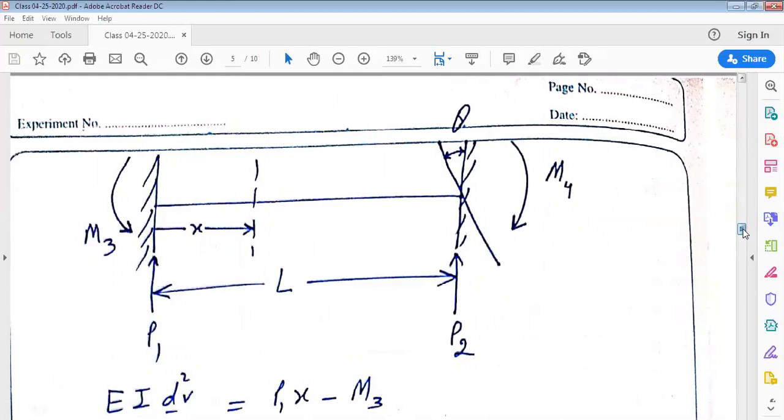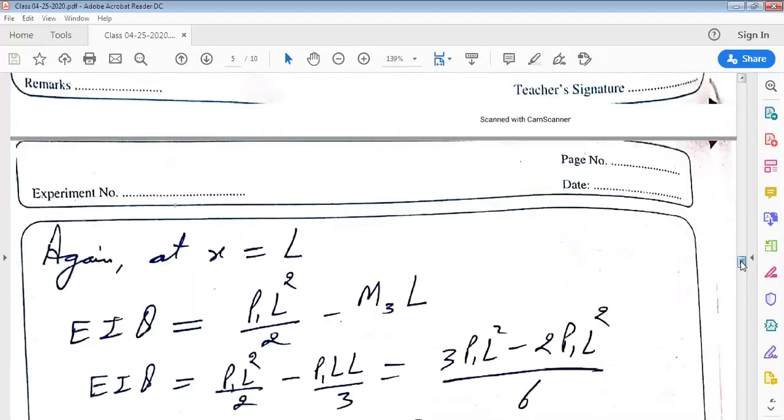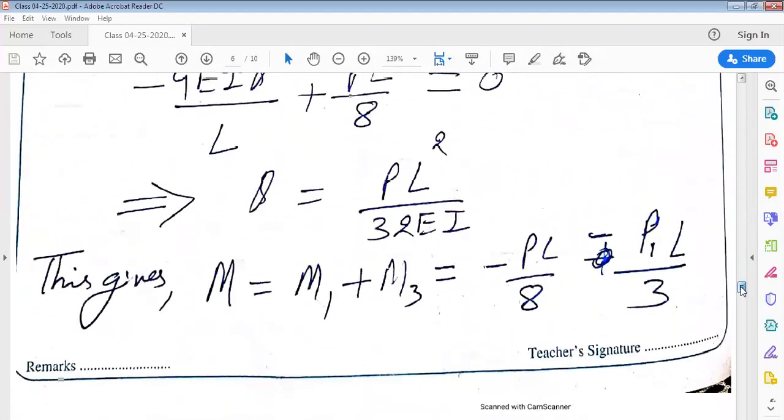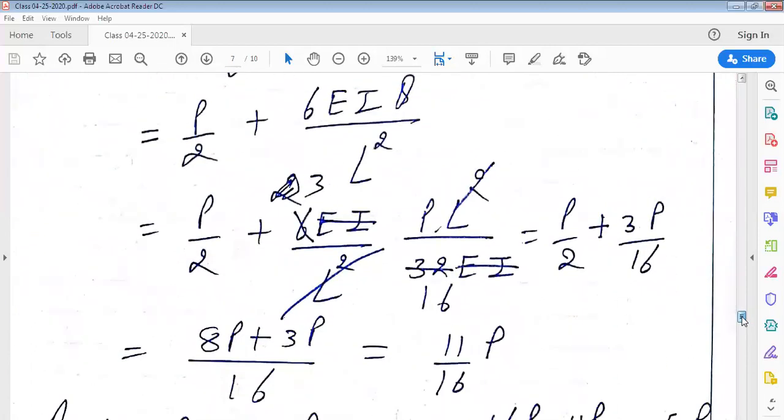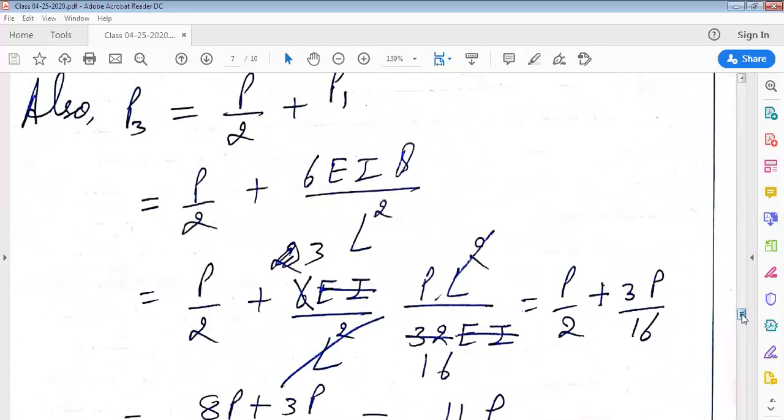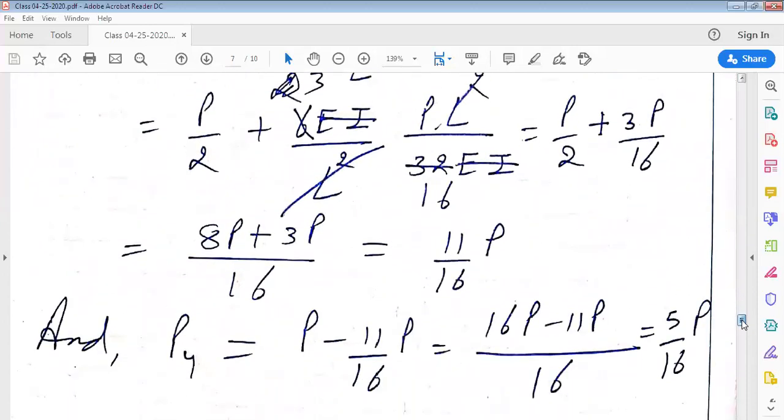And that gives us capital P3 equal to P by 2 plus P1, that is equal to P by 2 plus 6 EI theta by L square. And that gives us capital P3 equal to 11P by 16.